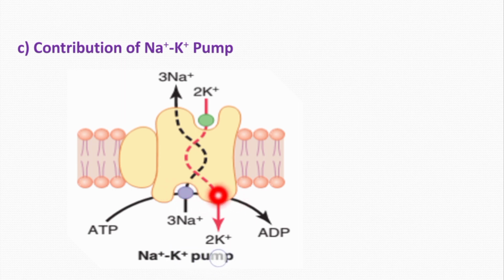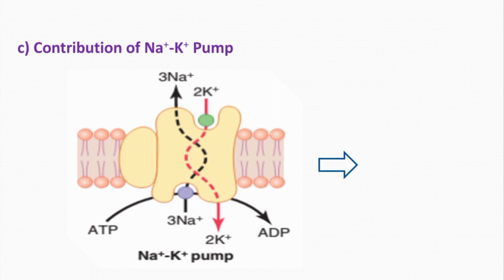So continuous activity of the sodium potassium pump will cause loss of positivity from the cell, and loss of positivity is equal to gain of negativity.